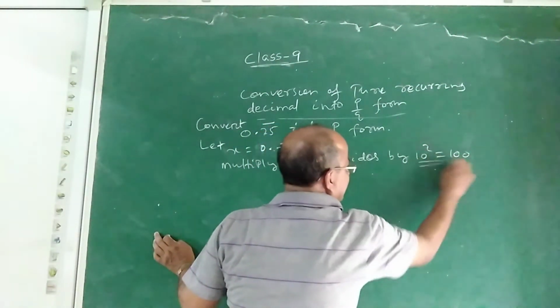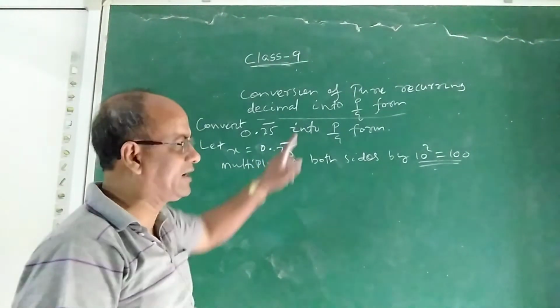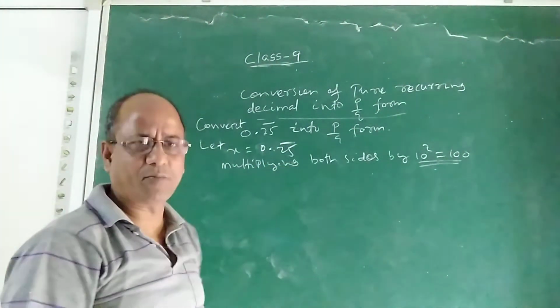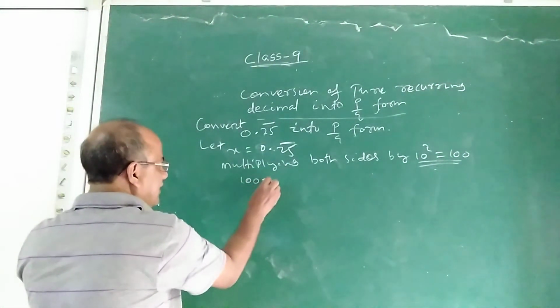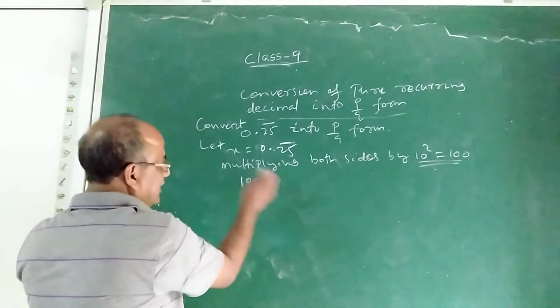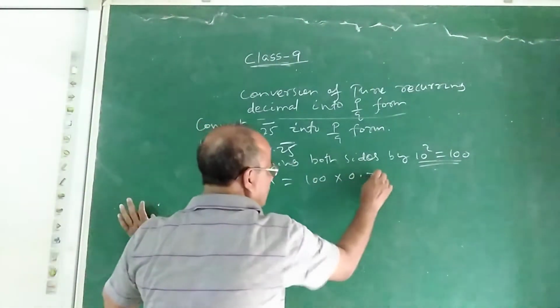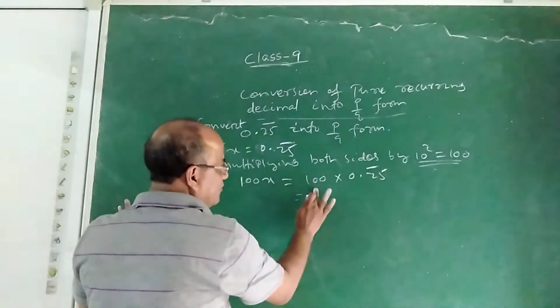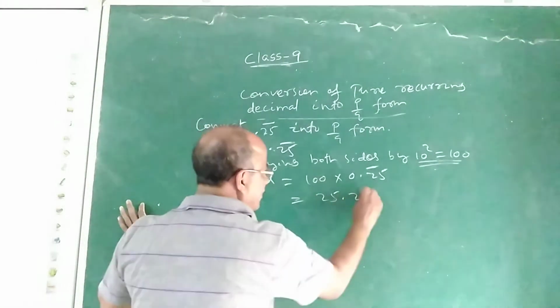This is very important, children. Why multiply by 10 to the power 2? The reason is there are 2 digits getting repeated. So multiply both sides by 10 to the power 2, that is 100. What you will get is 100x. 100 into x is 100x, and 100 into 0.25 bar will be how much? If you multiply 100 to 0.25 bar, it will be 25.25 bar.